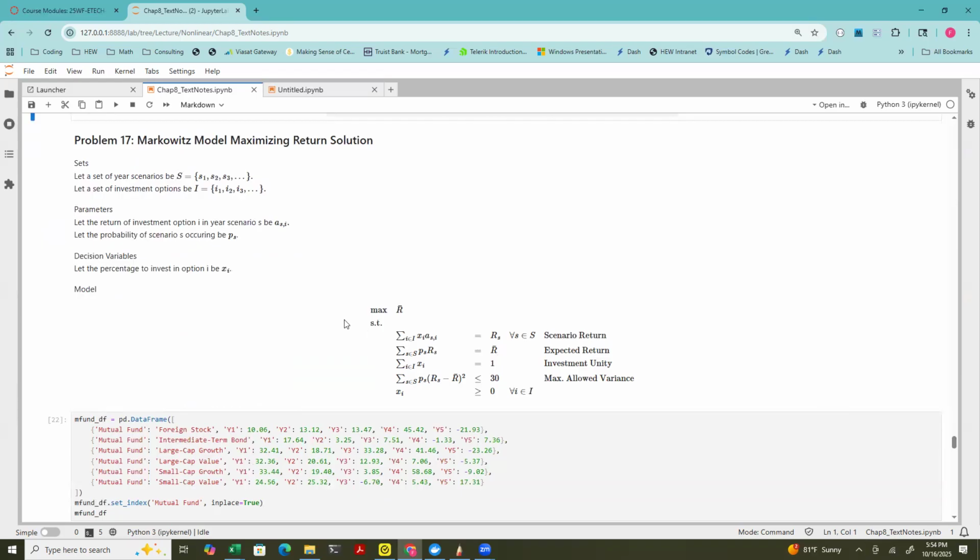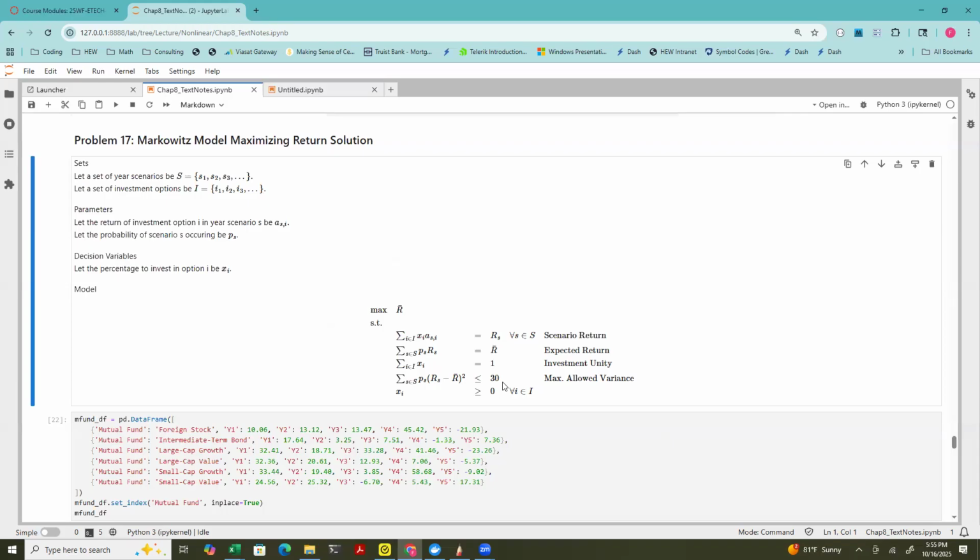In order to calculate R bar, you can see right here, I need R sub S. So that's where this line is coming from. For every year in my set of scenario years, I'm calculating the linear combination of the decision variables and the return of each investment in that year. And so that gives me not the expected return, but the scenario return. We still have this idea that the investment must be made as fractional bits of some sum of capital that we're going to invest, and we say those all have to sum to 1.